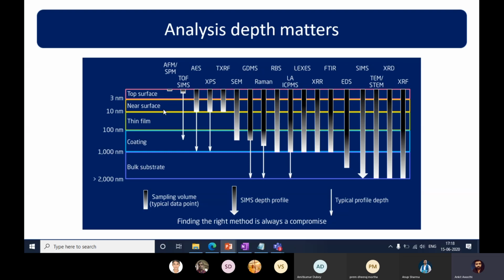But there are some methods like SEM, XRD and XRF that can go to a depth of more than 2000 nanometers. So that is also a very important condition: up to what depth you want to analyze. For every process there are some limitations and some advantages, and we have to choose wisely which process is suitable for our analysis.